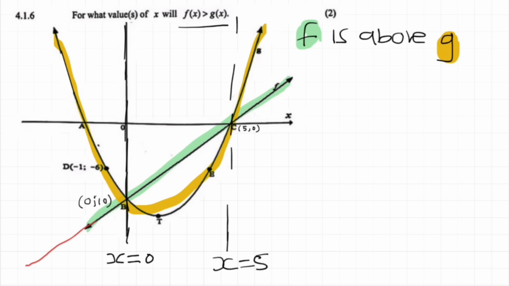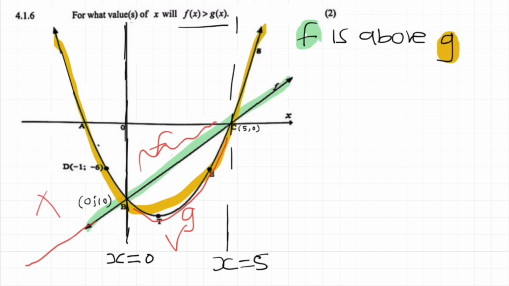But if we come between 0 and 5, we can clearly see that the green one here is the one that is above, and then g is below. In other words, f here is above and g is below. This is what we want. So this one qualifies, this one does not qualify.